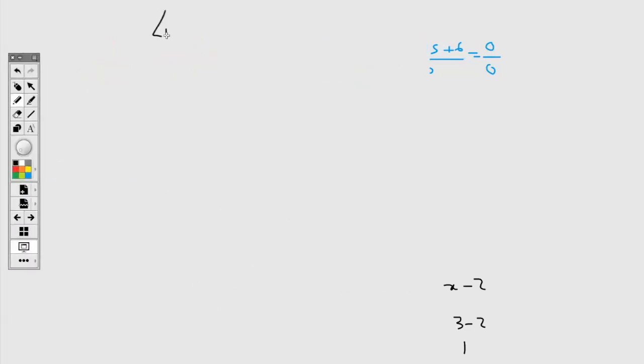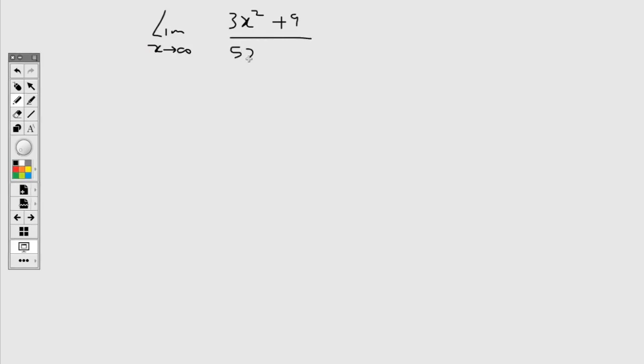So if I have the limit as x tends to infinity of 3x squared plus 9 over 5x squared plus 4x. Once it tends to infinity, we have to divide by the largest variable.